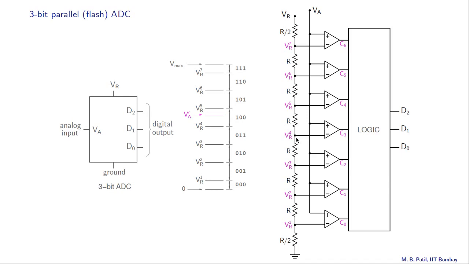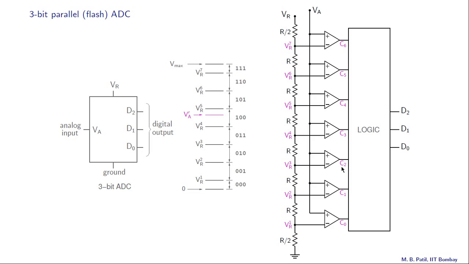Now let us take an example. Let us say that VA is this VA prime, which falls between VR4 and VR5. So the output of this comparator, which is denoted by C3, is going to be 1 in this case, because VA is greater than VR4.